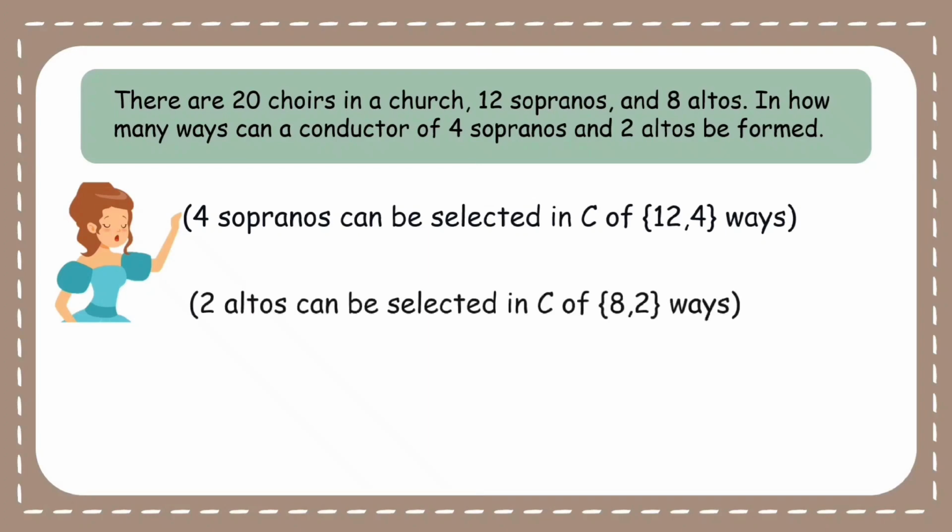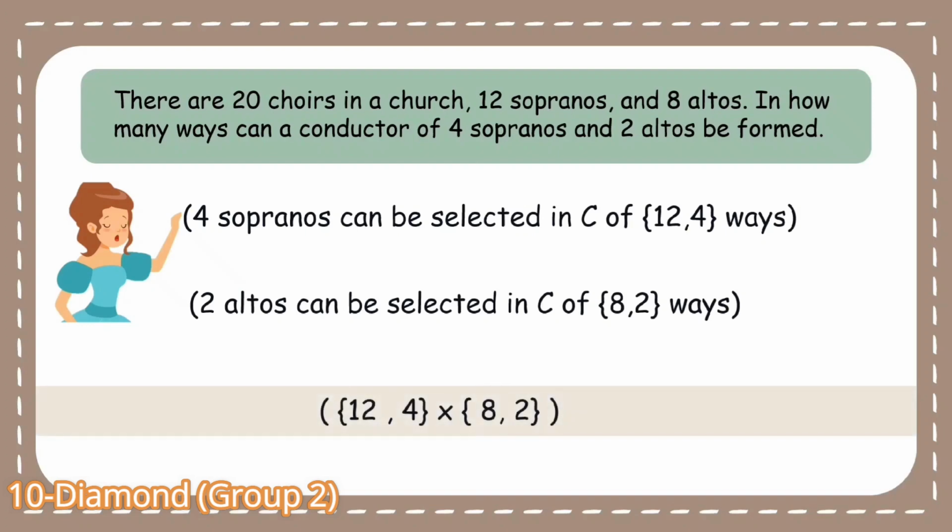The next 2 altos can be selected in a combination of 8, 2 ways, since we have 8 altos and we're going to pick 2 altos. Using the fundamental counting principle, we can find the number of ways that the choir can be formed by using the combination of 12, 4 multiplied by the combination of 8, 2.